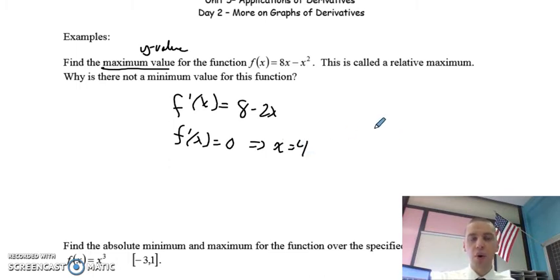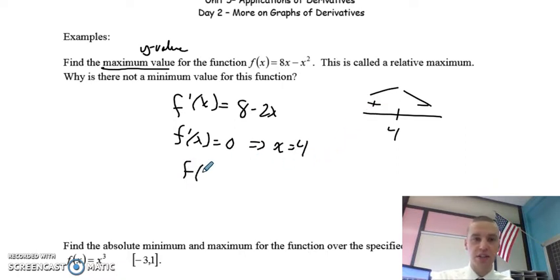Now, how do we know this? Well, I'm going to do a number line just to make sure that this is a maximum. Plug in 5, 8 minus 6 is a positive number. Plug in 5, we get a negative number: increasing, decreasing, and therefore we have a maximum. Now, this is where the maximum occurs. It is not the actual maximum value.